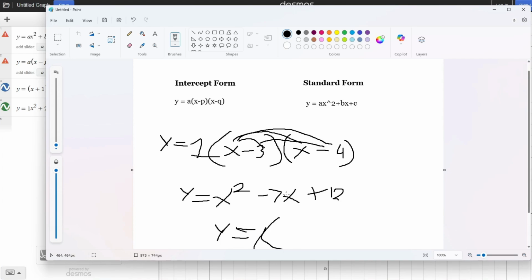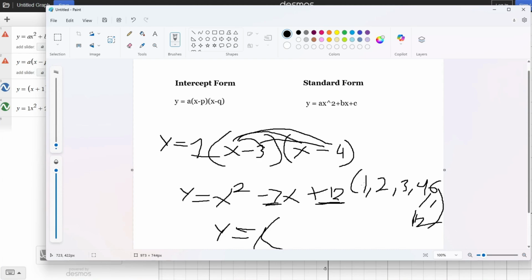What adds to this coefficient while also multiplying to 12? The factors of 12 are 1, 2, 3, 4, 6, and 12. What adds to negative 7, though?